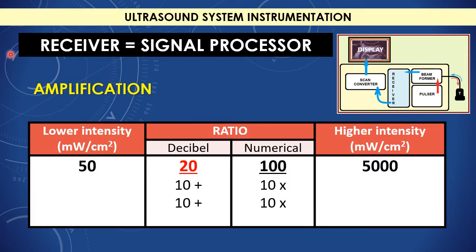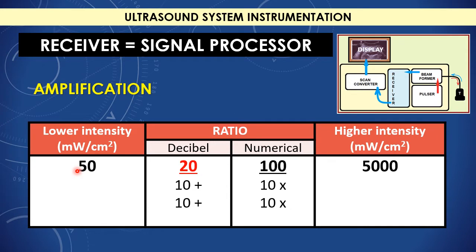So we have some examples of how amplification is going on. We have an example here of the decibels, because as we mentioned earlier, amplification is in units of decibels. So let's understand something here.